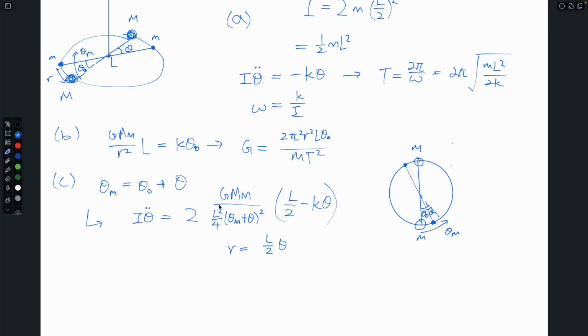Okay, then let me explain where this top equation comes from. This is just your GMm over R squared, but your R is L over 2 times your theta m. Okay? So let me erase this. Which is equal to theta naught plus theta squared.